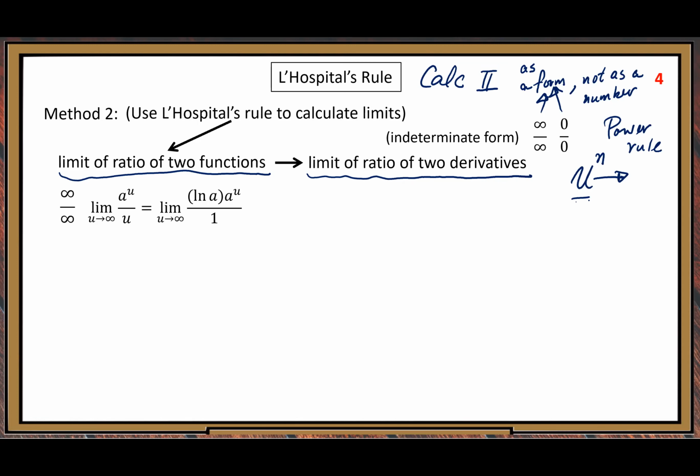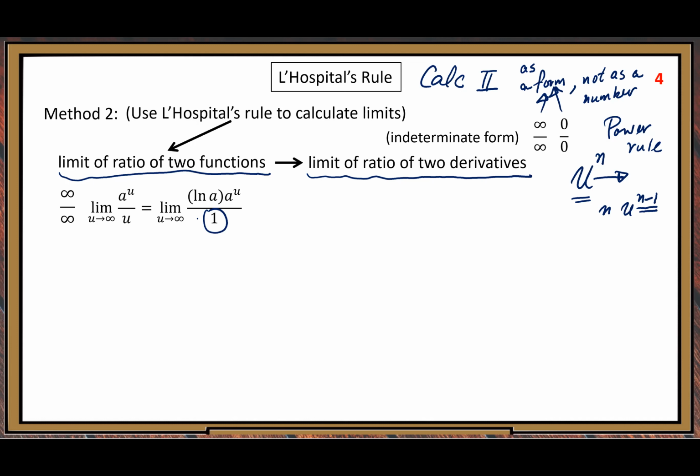Because this is a power function, the power rule says the derivative of u to the n is n times u to the n minus 1. So by that power rule, the derivative is 1.